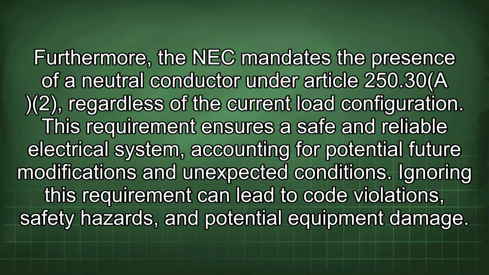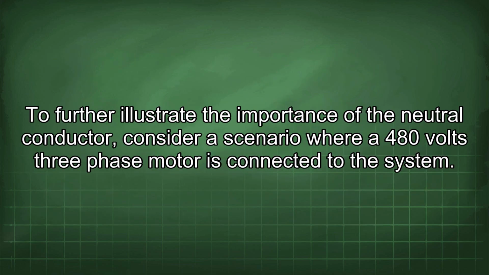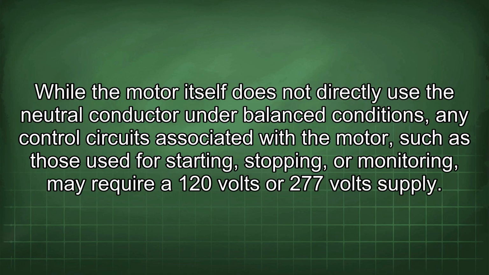Ignoring this requirement can lead to code violations, safety hazards, and potential equipment damage. To further illustrate the importance of the neutral conductor, consider a scenario where a 480 volt three-phase motor is connected to the system. While the motor itself does not directly use the neutral conductor under balanced conditions, any control circuits associated with the motor, such as those used for starting, stopping, or monitoring, may require a 120 volt or 277 volt supply.